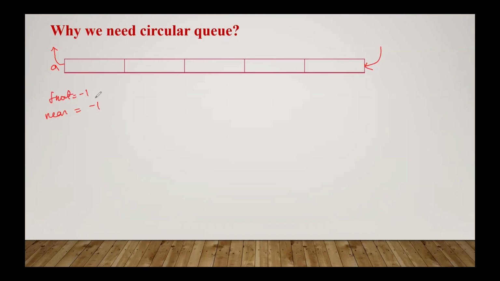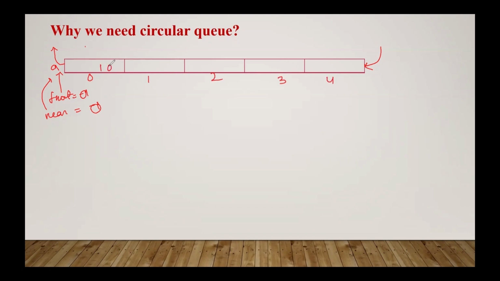Now when we insert an element, the value is incremented, so front becomes 0 and rear becomes 0. The indexes are 0, 1, 2, 3, 4.